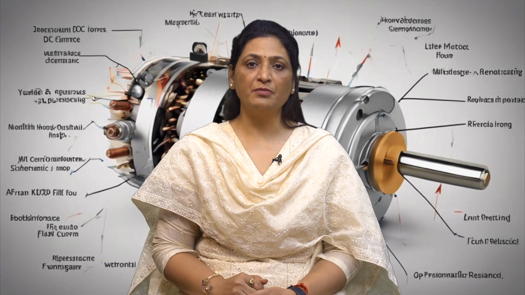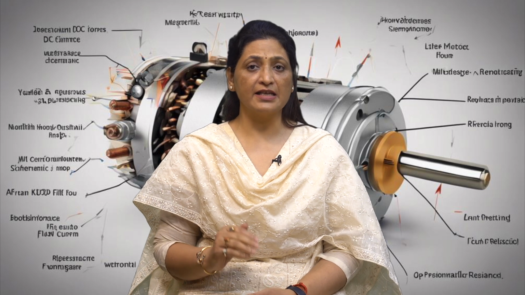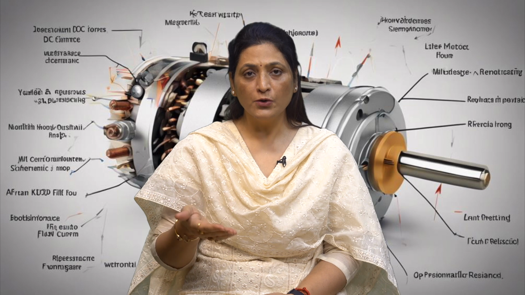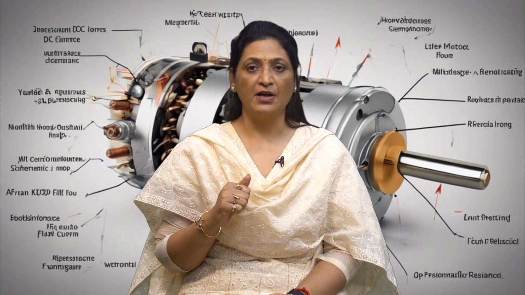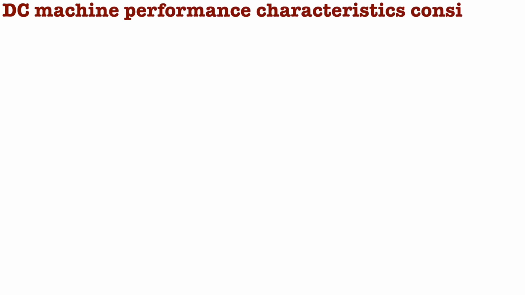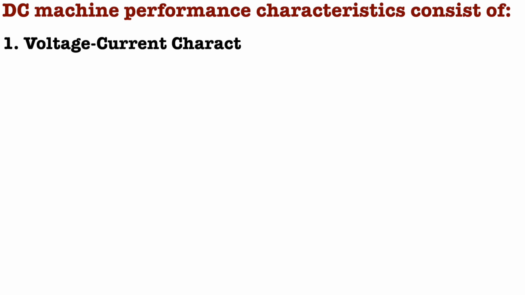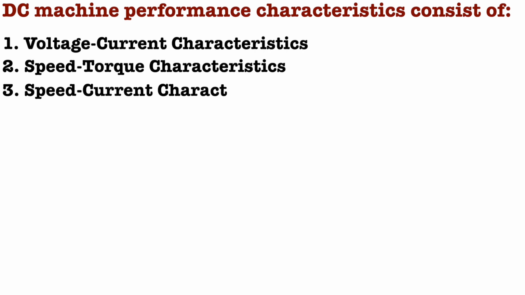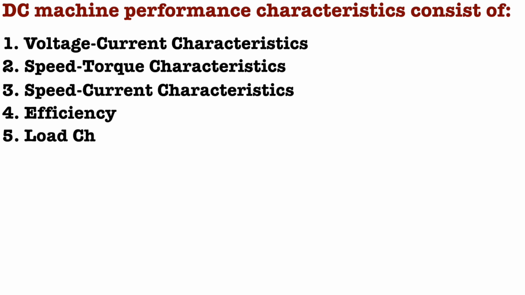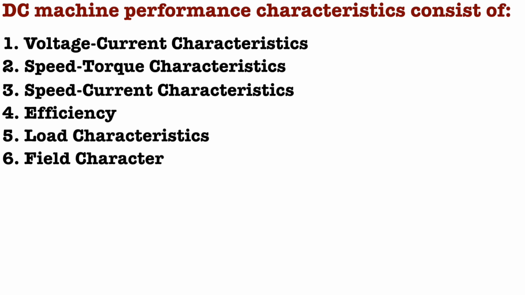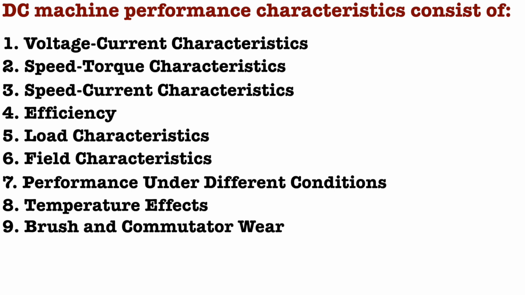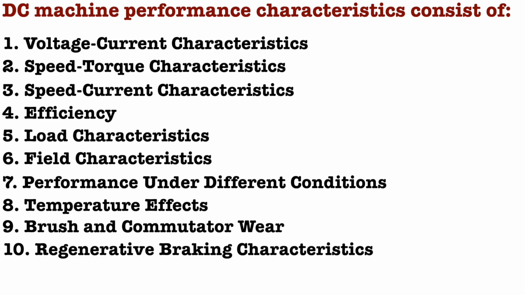Understanding the DC machine performance characteristics is essential to know how they work and how to use them in different applications. Usually these consist of voltage current characteristics, speed torque characteristics, speed current characteristics, efficiency, load characteristics, field characteristics, performance under different conditions, temperature effects, brush and commutator wear and regenerative braking characteristics.